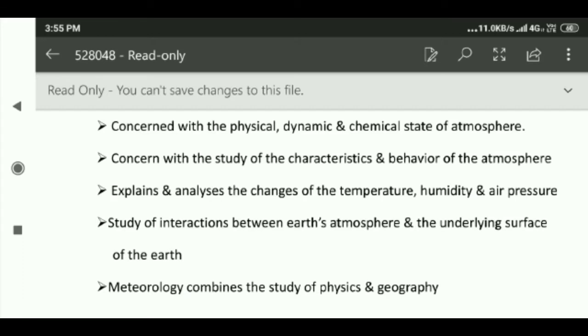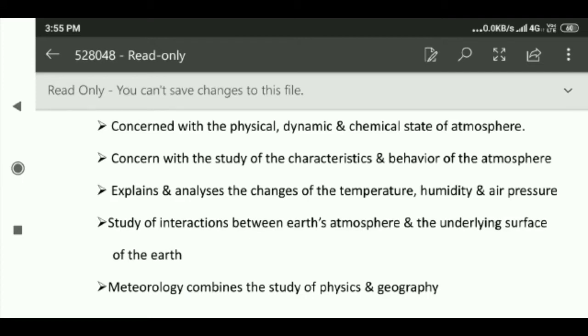It studies the whole atmosphere and its movements, as they are largely controlled by geographic factors such as topography, distribution of continents and oceans, altitude and latitude, etc.